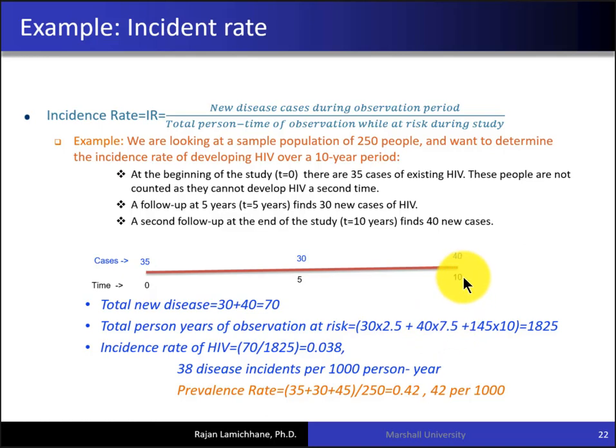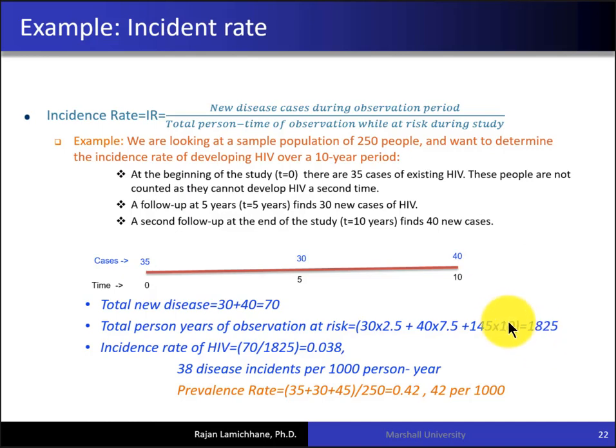Now, the remaining individuals, 145, because 145 is 250 minus 40 minus 30 minus 35, never had HIV. So these 145 individuals were at risk for all 10 years, meaning they did not have any disease for 10 years. If you calculate these, the total person-years is 1825.